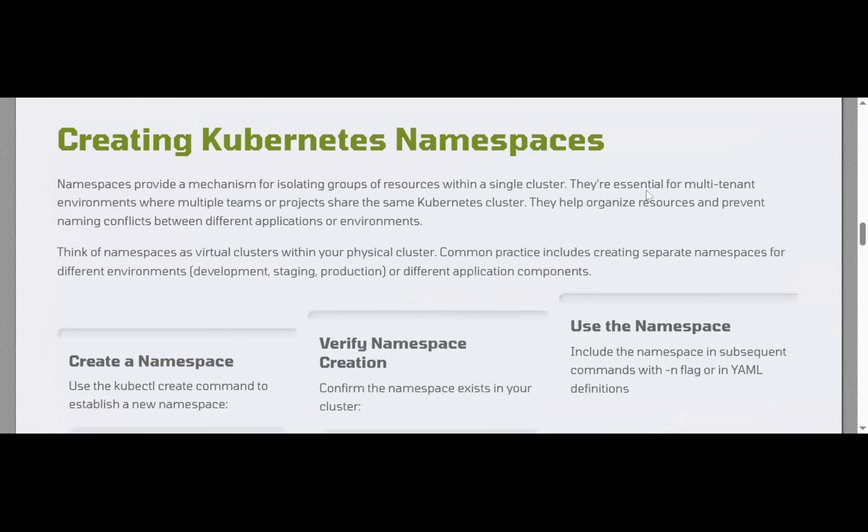Next, creating a Kubernetes namespace. A namespace provides a mechanism for isolating groups of resources. A namespace is like creating a WhatsApp group. Why will you create a WhatsApp group? Whom will you add? Relatives. You're going for a trip. How will you communicate with 10 people?